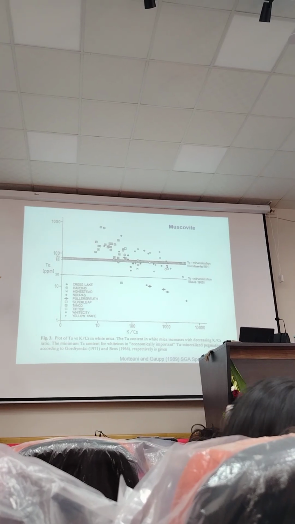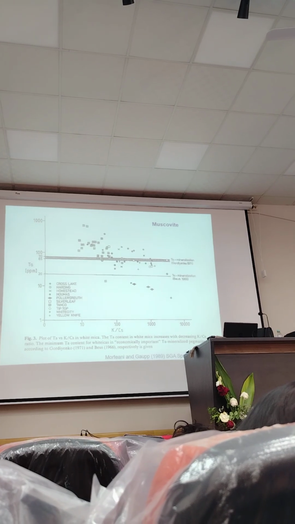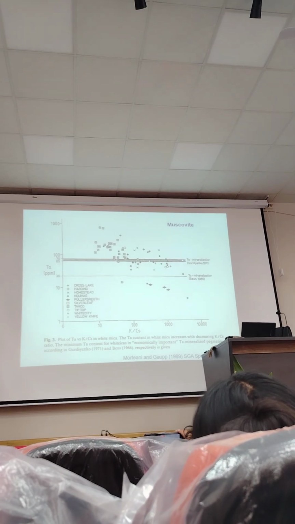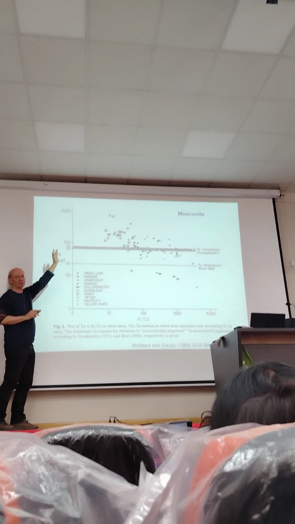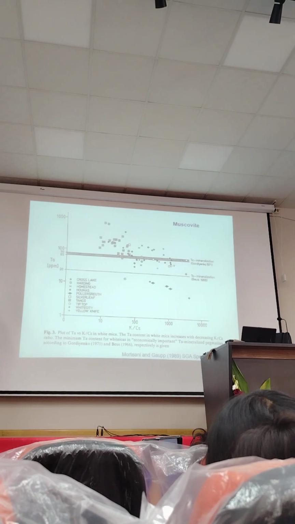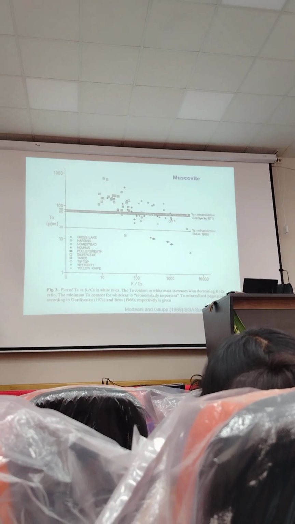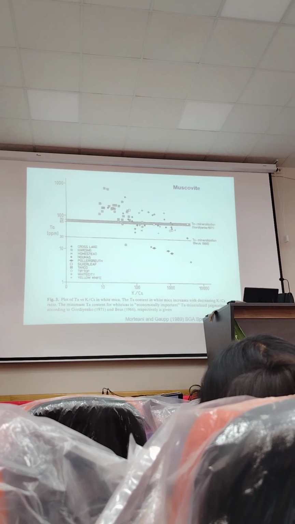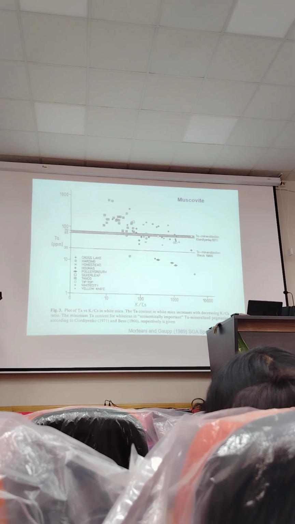If a muscovite has at least 20 ppm tantalum, then you can expect a tantalum deposit. This is what this person thought. The other suggested something like 65 to 70 ppm. It doesn't matter. Anyway, if you see a strong tantalum concentration in the muscovite, this means you are in a tantalum deposit or close.